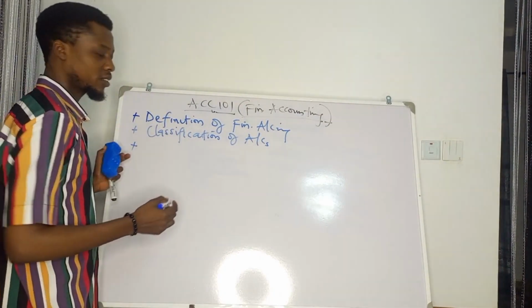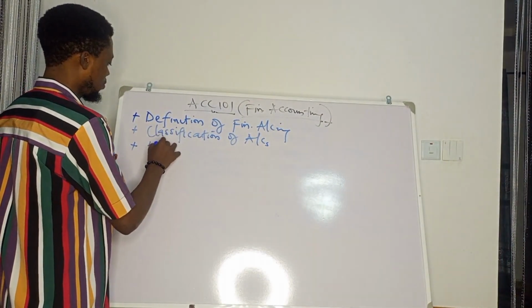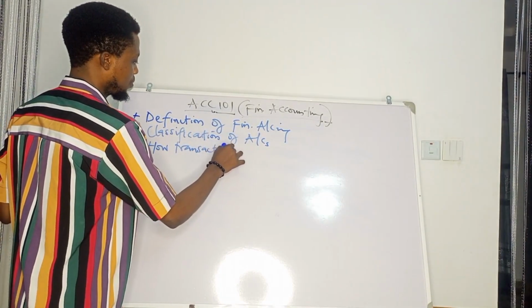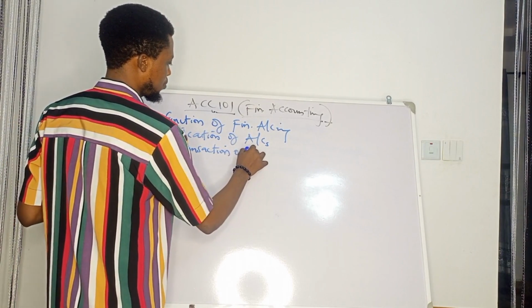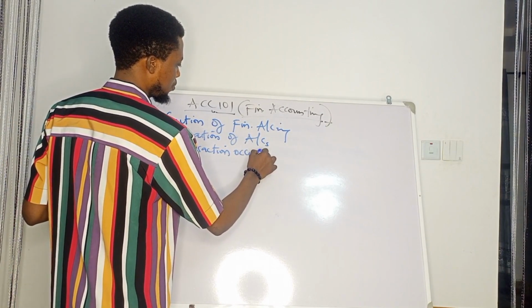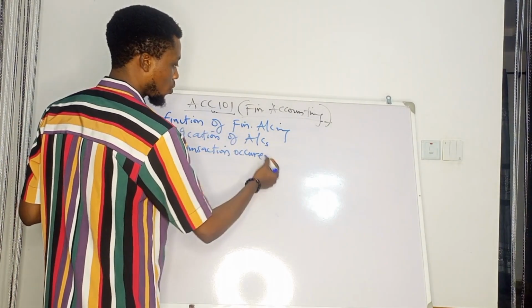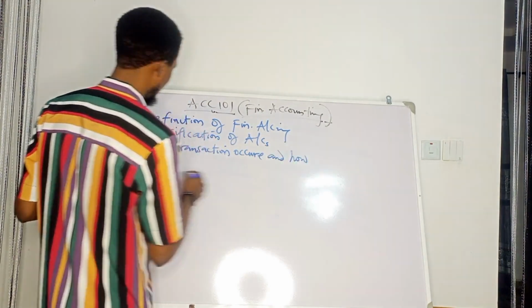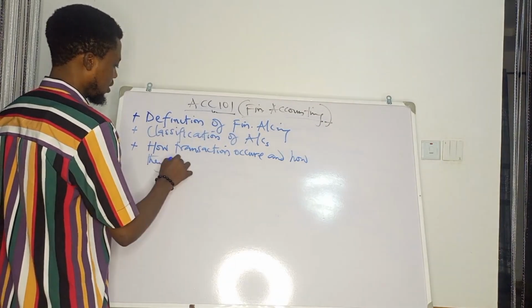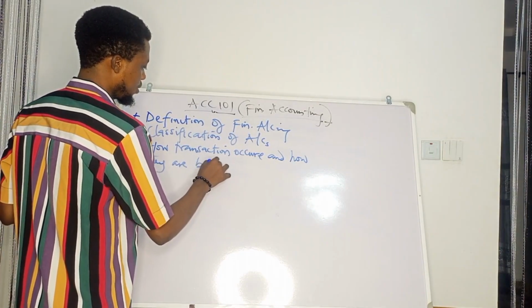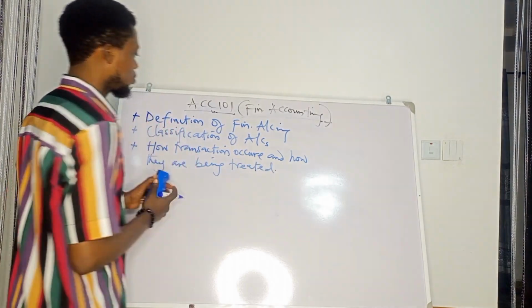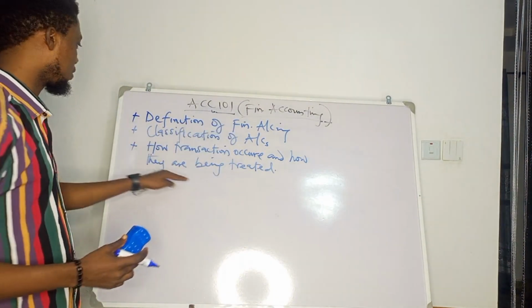Then we're going to be looking at how transactions occur and how they are being treated. So these are the basic things we're going to be looking at in today's class.